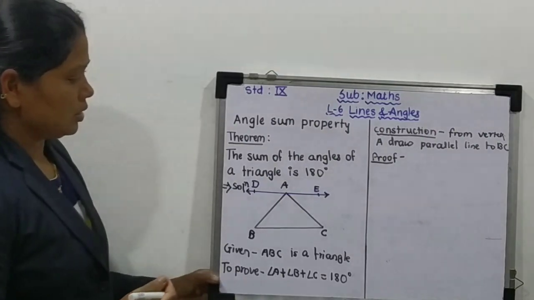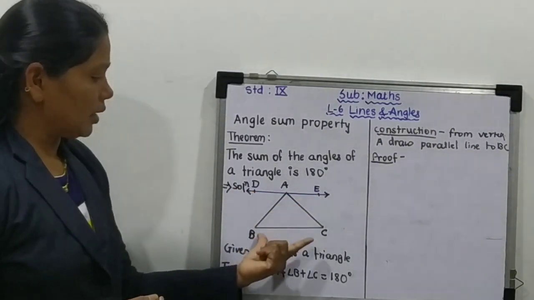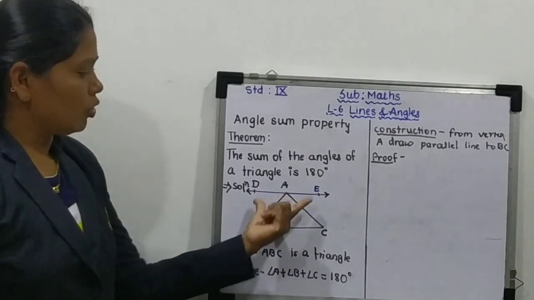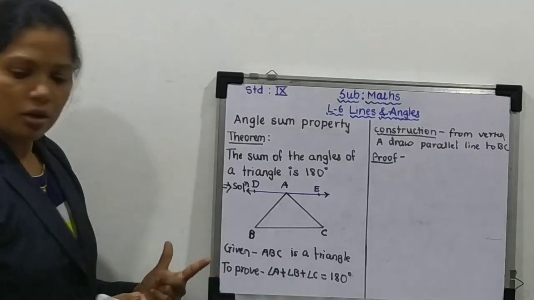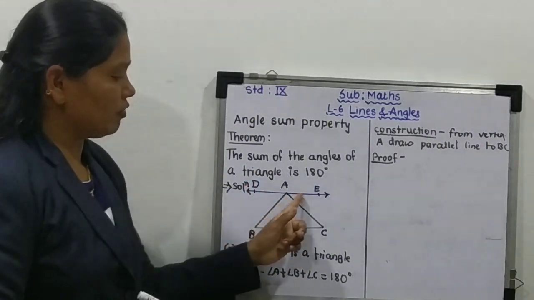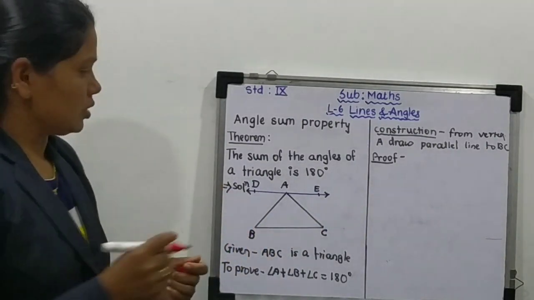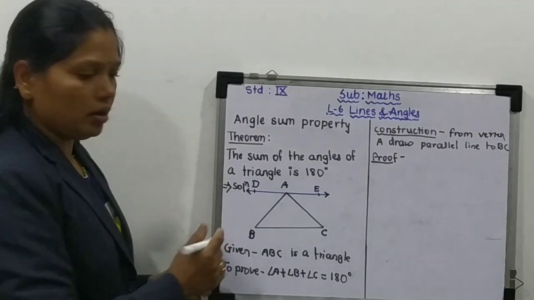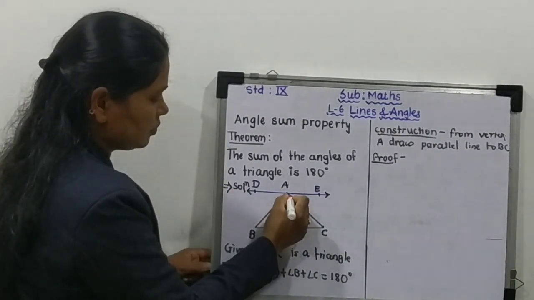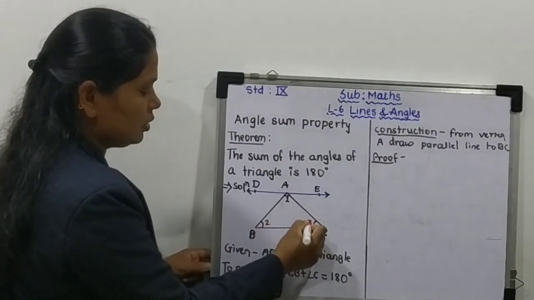Yes. See, when DE is parallel to BC, what will we write here? Simply write angle 1, 2, 3, 4, 5 likewise. If you are getting confused while writing the name of the angle, you can specify here angle 1 at A, B is angle 2 and this is angle 3.